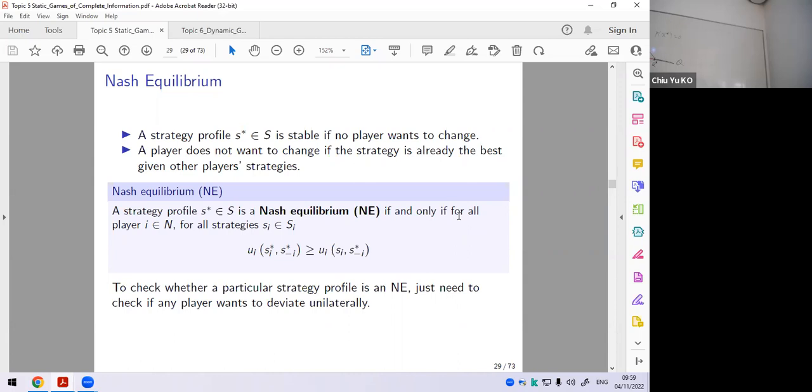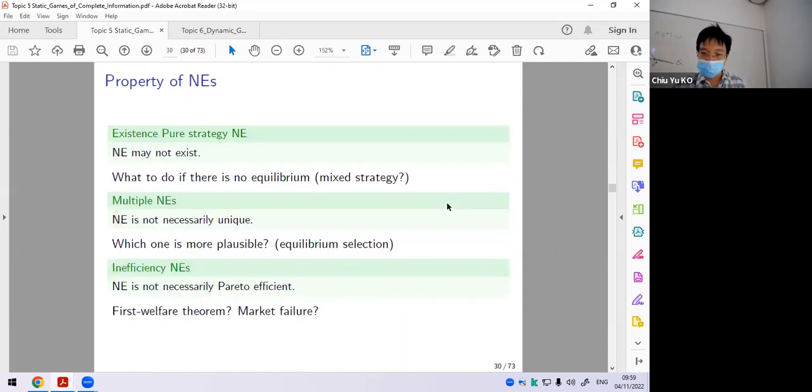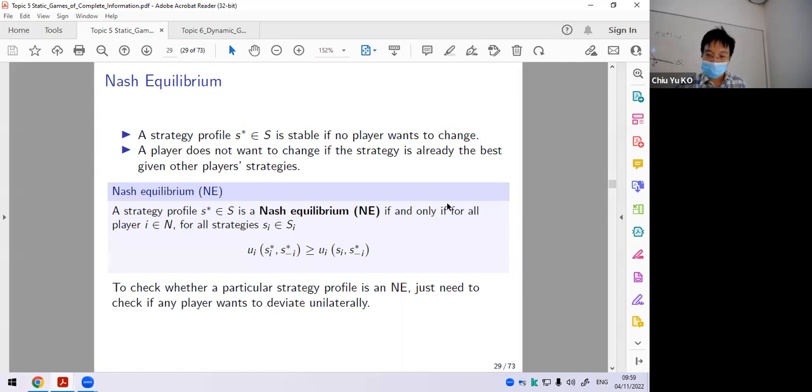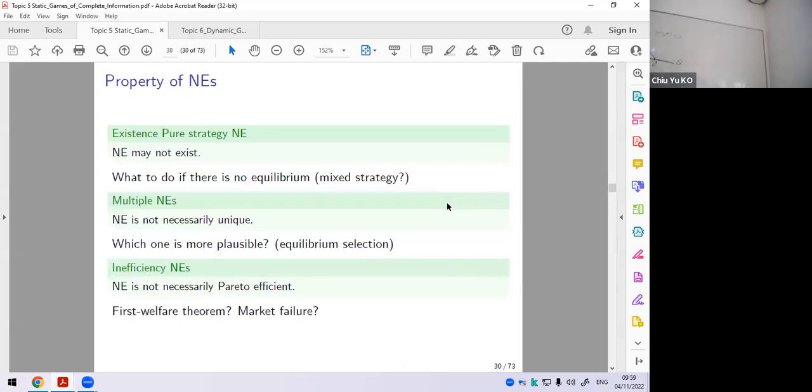You need to check for every single player, that no one can change their action or strategy such that his payoff is strictly better. There's no other. In that case, it's called Nash equilibrium. So that is very simple. Just make sure you understand, and we'll see the example. I just changed a few slides here.